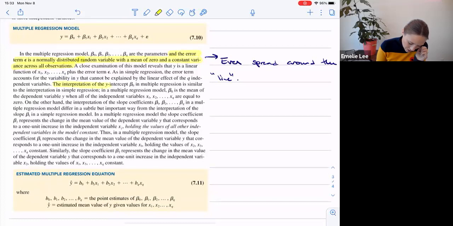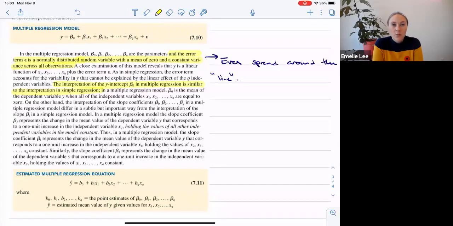The interpretation of the y-intercept is similar to the interpretation in the simple regression. So we said the y-intercept is the predicted value of y when x is 0. Okay.